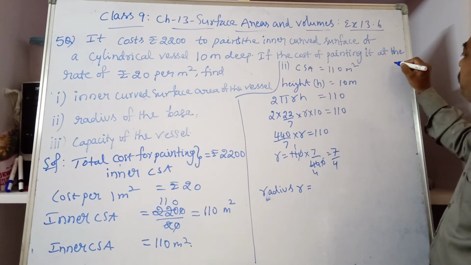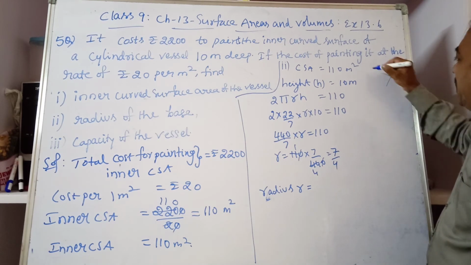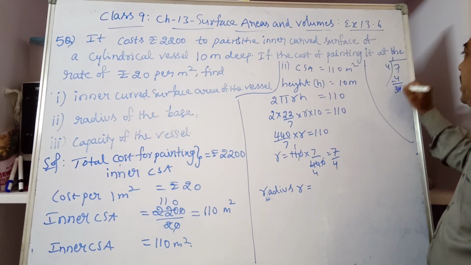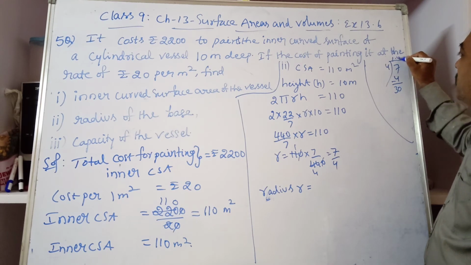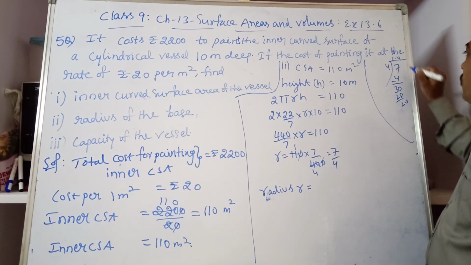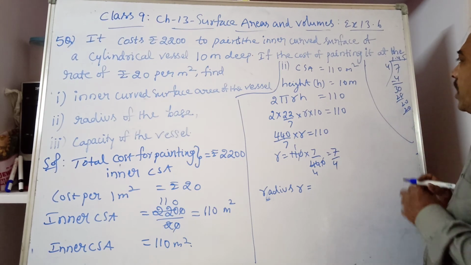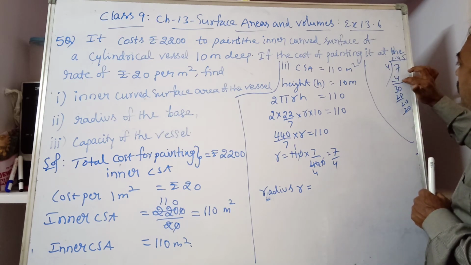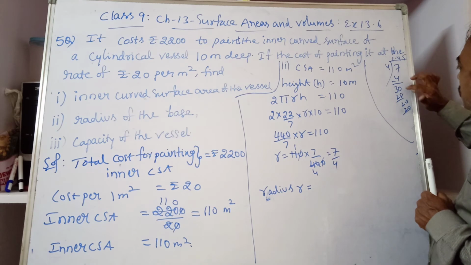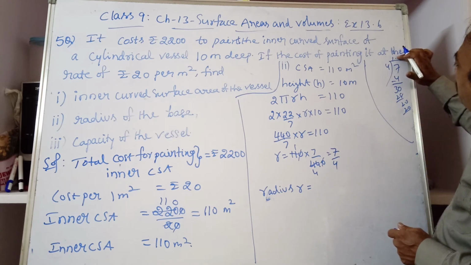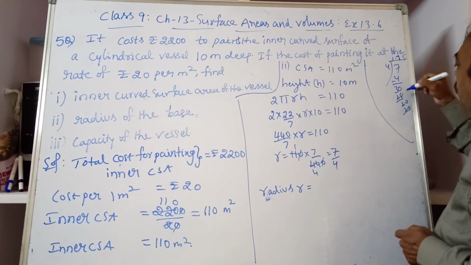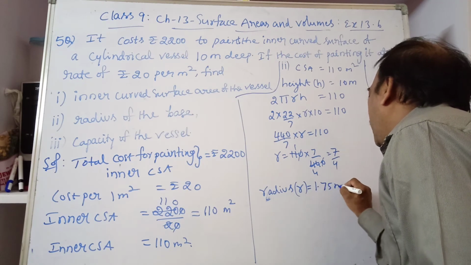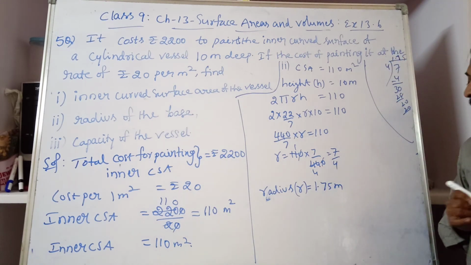If you divide 7 by 4, 4 ones are 4, 7 minus 4 is 3, put a point, 30, 4 sevens are 28, remainder 2, 20, 4 fives are 20. So 1.75. Radius is equal to 1.75 meters.